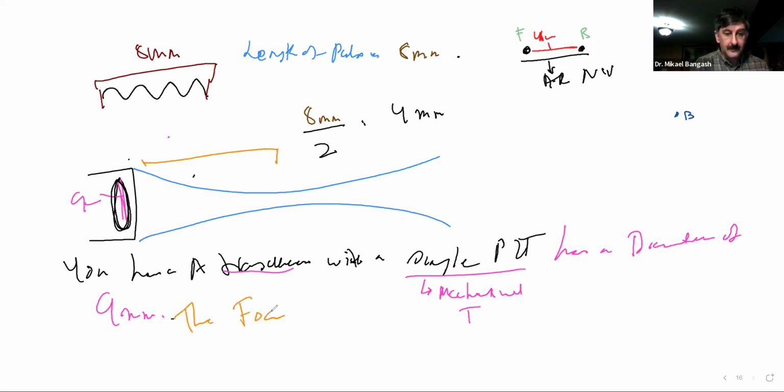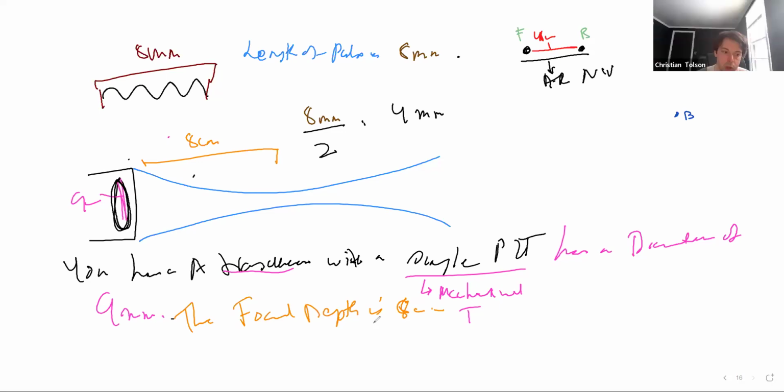The next point that we see in the diagram is that the focal depth is 8 centimeters. Did that make sense? So this is the verbal format of figure 10.9 or 10.11.